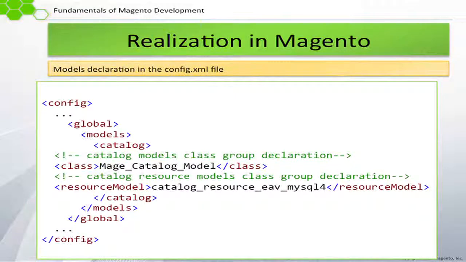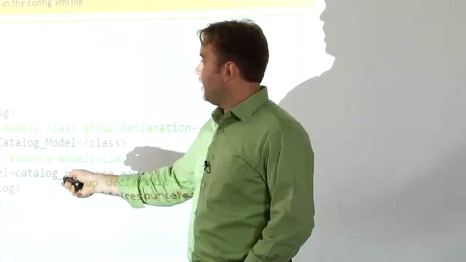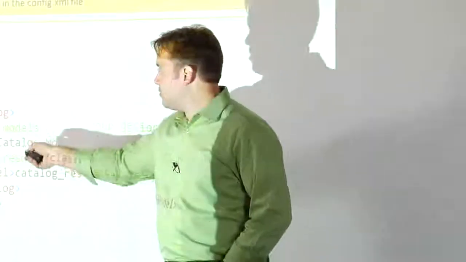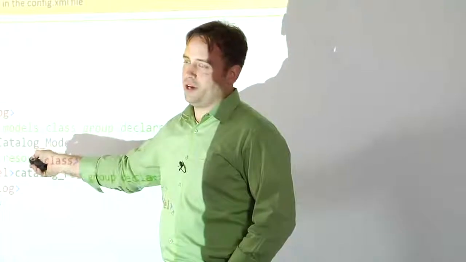So getModel uses the configuration object to look in global, in the models tag, and then tries to match this against something under models. Okay?